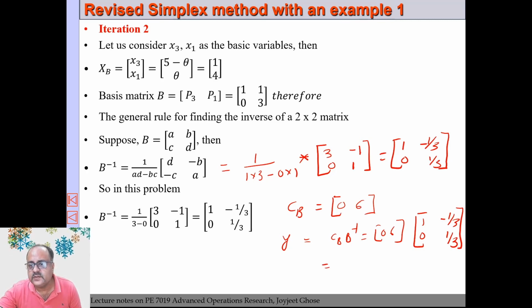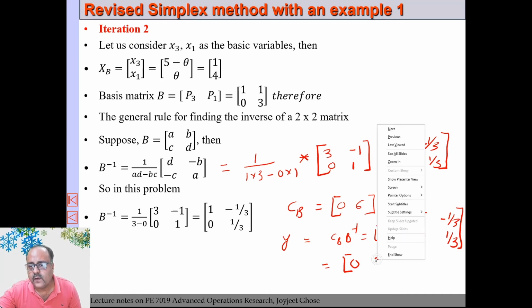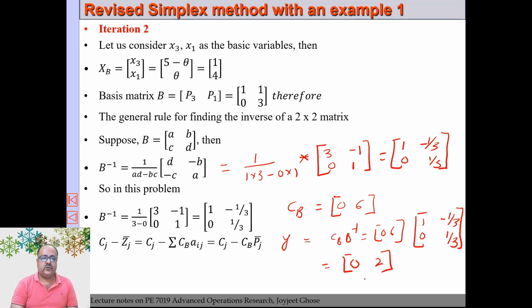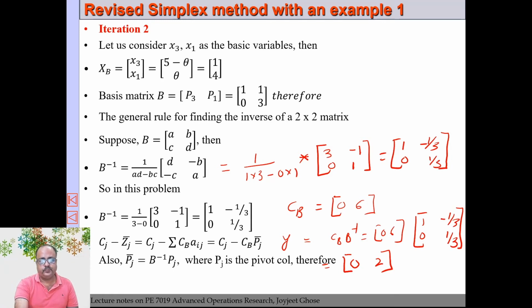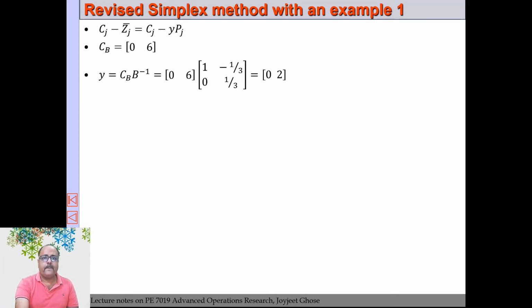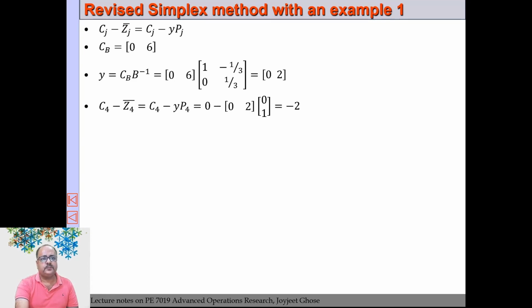So this will give us 0 into 1 plus 6 into 0 is equal to 0, and 0 into minus 1 by 3 is equal to 0, plus 6 into 1 by 3 will be giving me 2. Yes, so y comes out to be 0, 2.